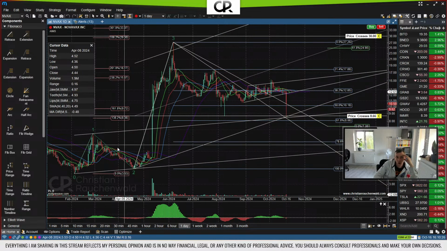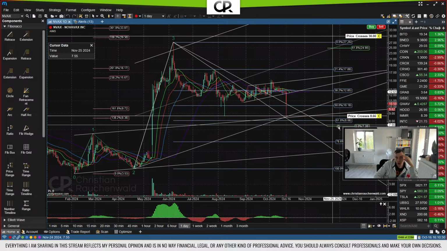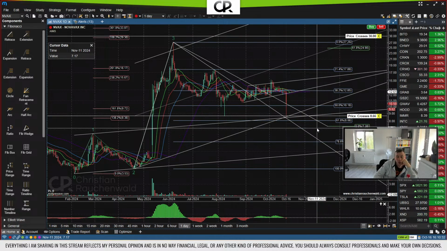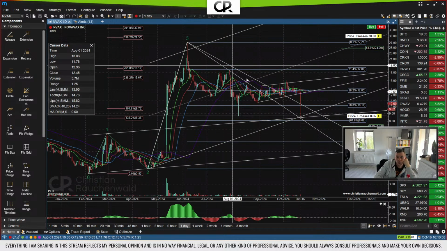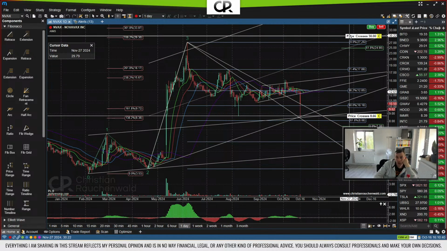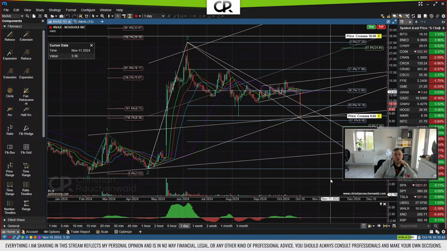I don't see a scenario where this is A, B, C, and we go further down. Obviously, that correction can drag on, unfortunately, which then screws our options. But overall, I still see 1, 2, 3, 4, and there should be a fifth wave coming. Again, that's just my opinion. I might be wrong, and we get wiped out here.